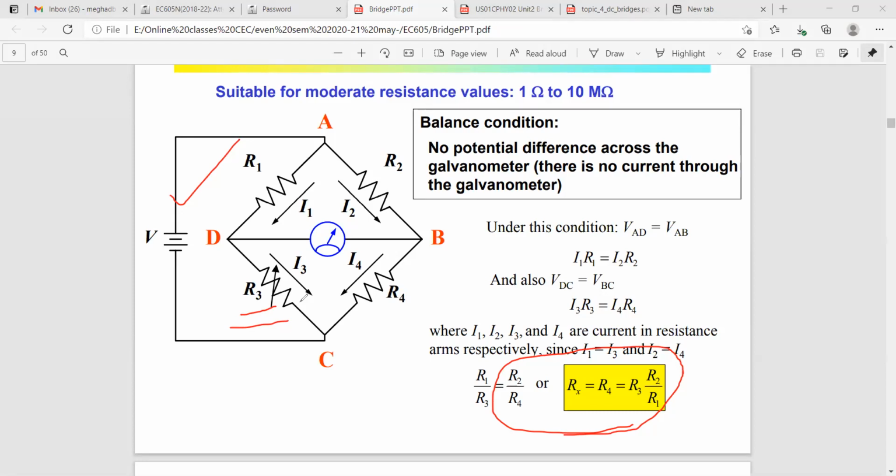So we have kept R3 separate from the other two resistances, and taken the two resistances R1, R2, so R2 by R1 multiplied by R3. Why R3? Because R3 here is the variable resistance.